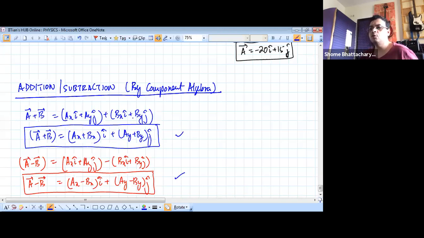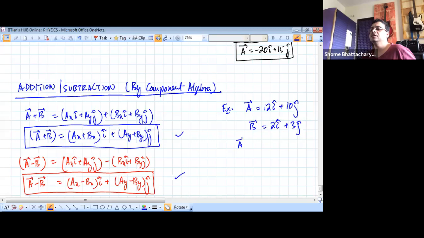This is like in your normal algebra, you would open the brackets, then you would take i cap common, you would take j cap common. So something like that only we've done over here. So for example, if I have the vector A as 12 i cap plus 10 j cap, and I have the vector B as 2 i cap plus 3 j cap.